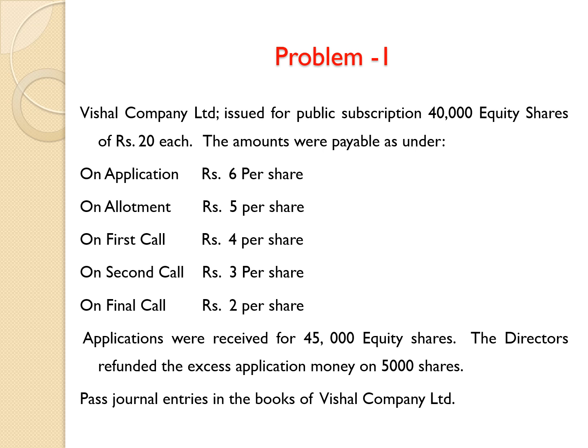Therefore, this is the information given in the problem. We are required to pass journal entries in the books of Vishal Company Limited. This is the problem. Now we are solving that problem.